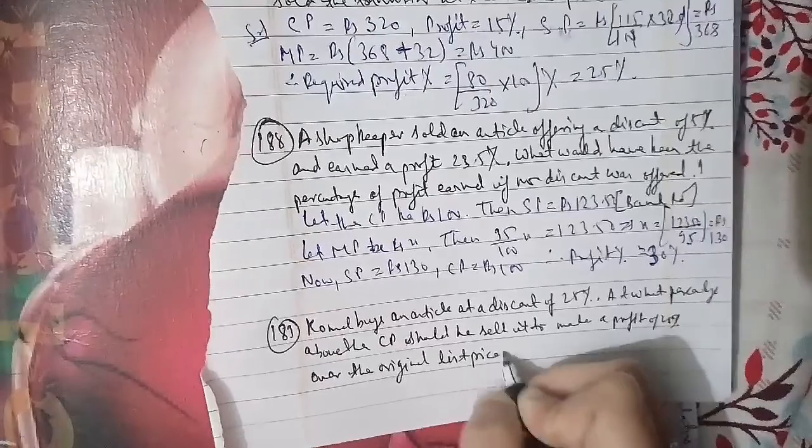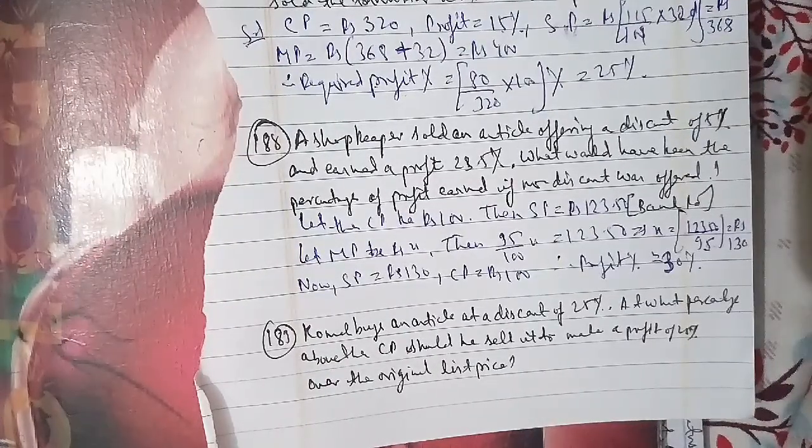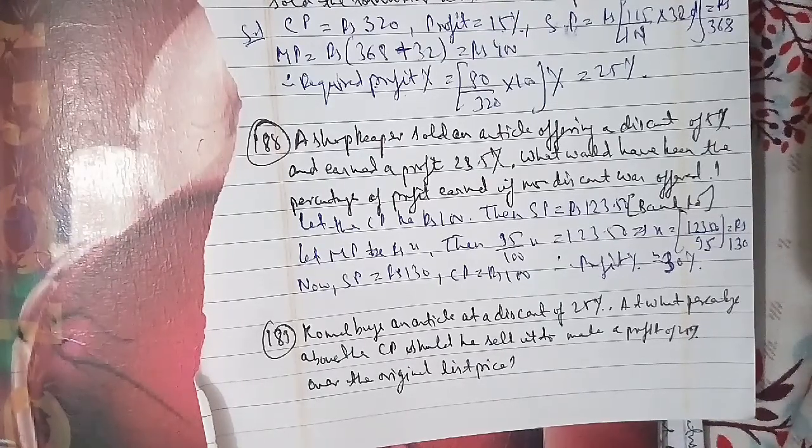The options we have are 25, 30, 40 and 66.67. So we go ahead for the same.